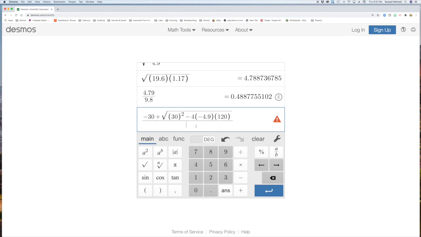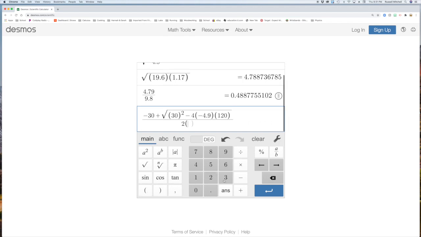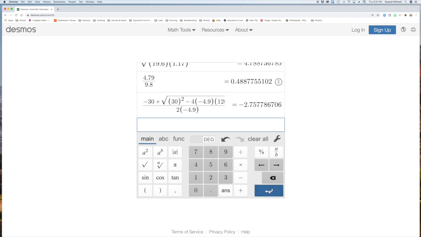And then all over, and then 2 times negative 4.9. So we get negative 2.76, right? Okay. All right, we'll record that one, and then let's do the next one.